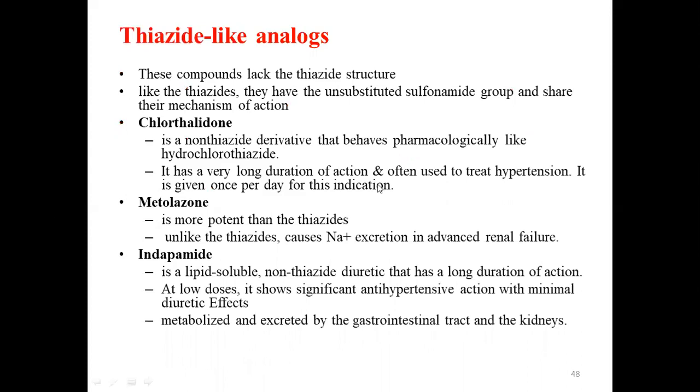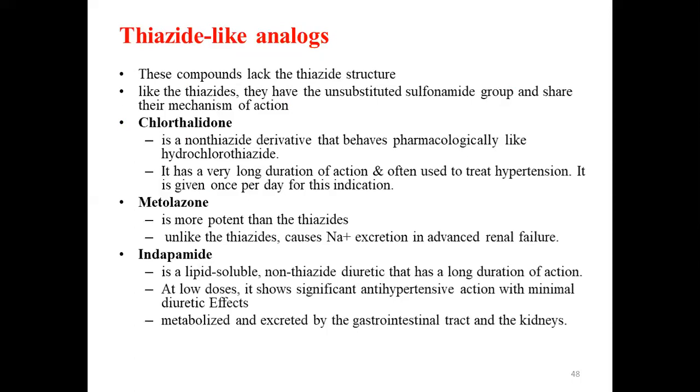I hope you have also covered the thiazide-like diuretics. The compounds lack the thiazide structure, but they have a similar mechanism of action. That is why they are thiazide-like analogs.